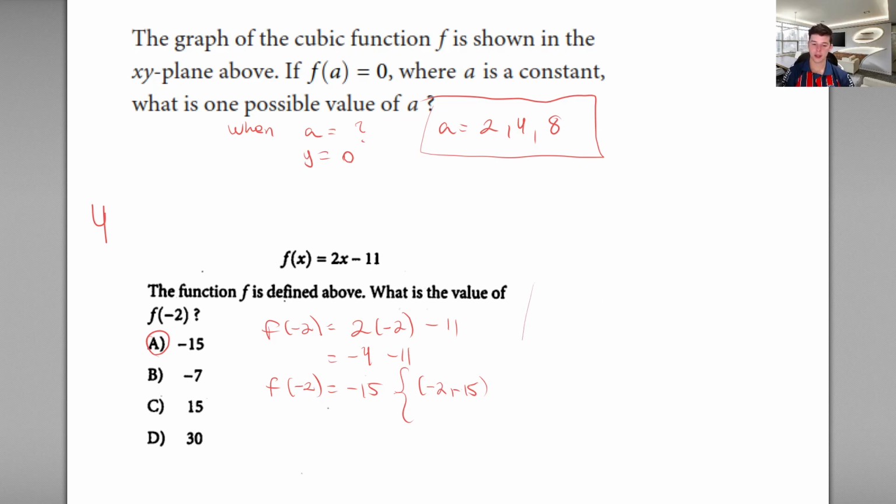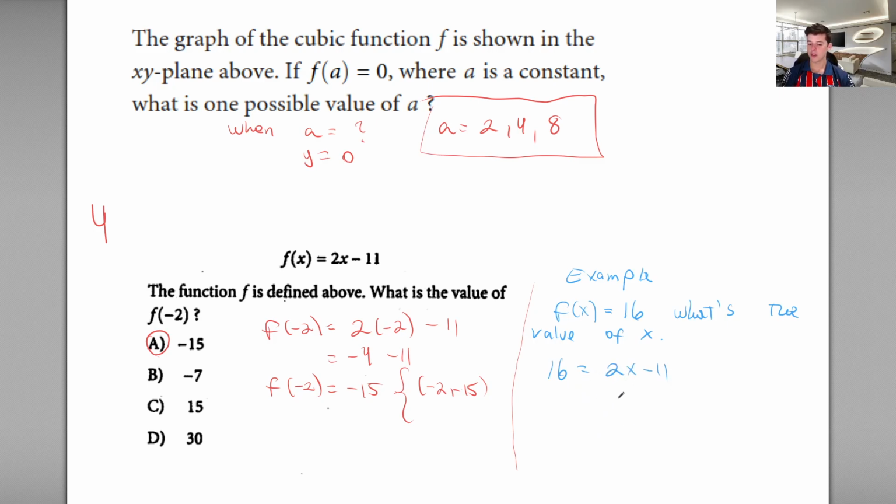They could have asked, just as an example here, given this equation, f of x equals, I don't know, 16. Just find the value of x that makes y equal 16. So what's the value of x? Okay, so just substitute f of x for 16. So 16 equals 2x minus 11.